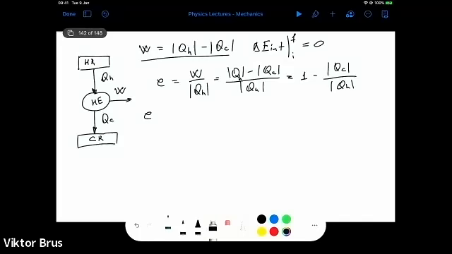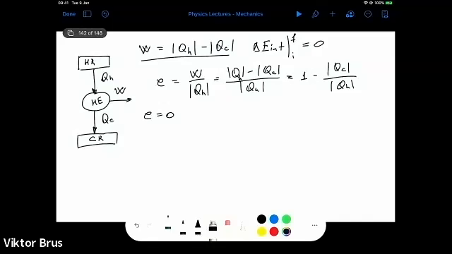Well, first of all, efficiency is equal to 0 if there is no temperature difference between the hot and cold bodies, and this numerator, QH minus QC, is equal to 0. So obviously, if there is no difference in temperature, this heat engine will not operate.